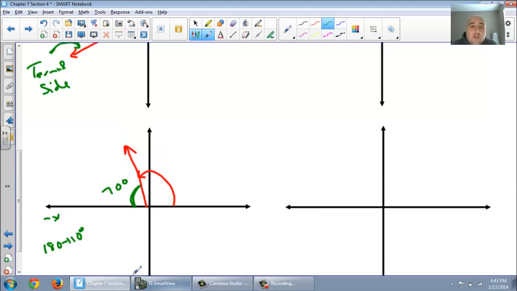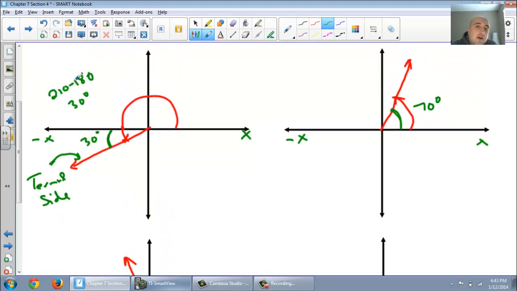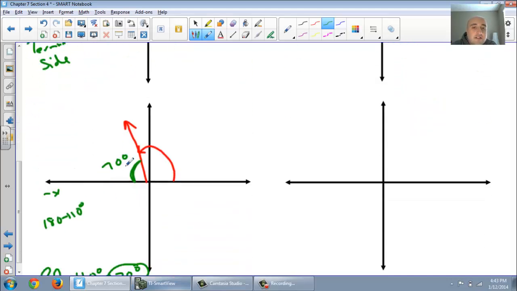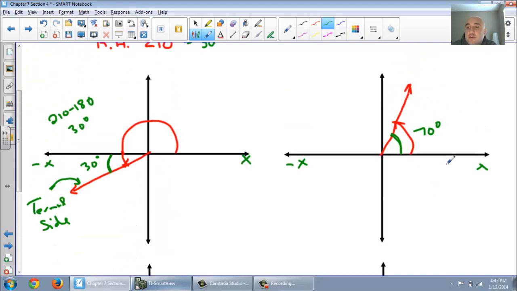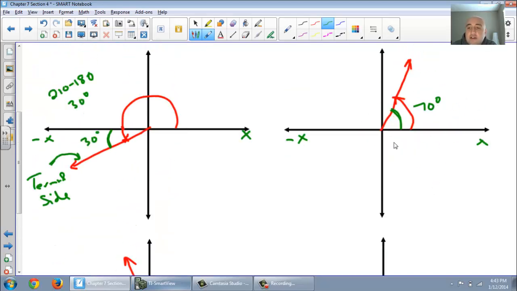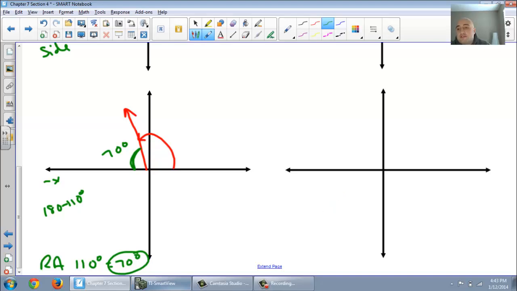Okay, so how do I get a third quadrant? It's the angle minus 180. In a second quadrant, you do 180 minus the angle. In the first quadrant, it's just whatever the angle is. And now let's do a fourth quadrant. So let's say we had 290 degrees. Here is 180. Here's 270. I need to go 20 more degrees.